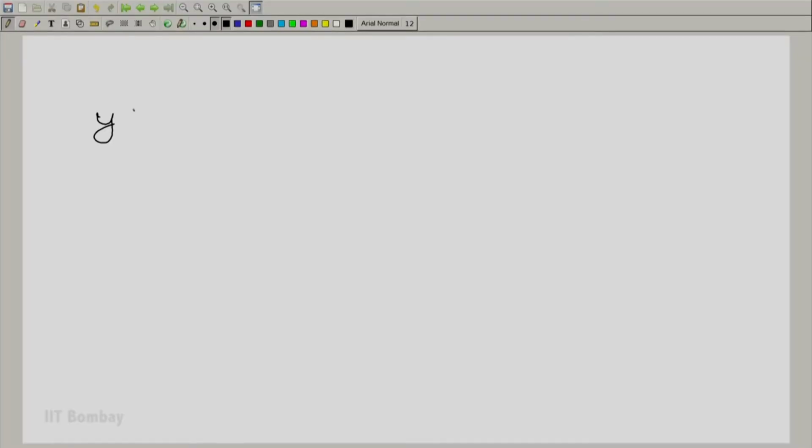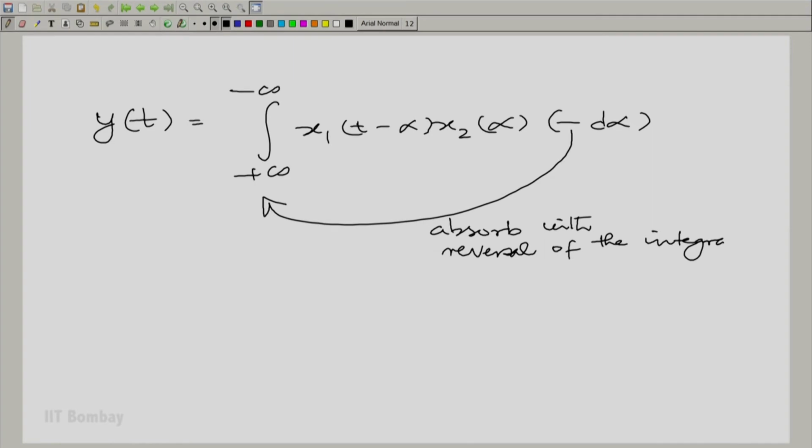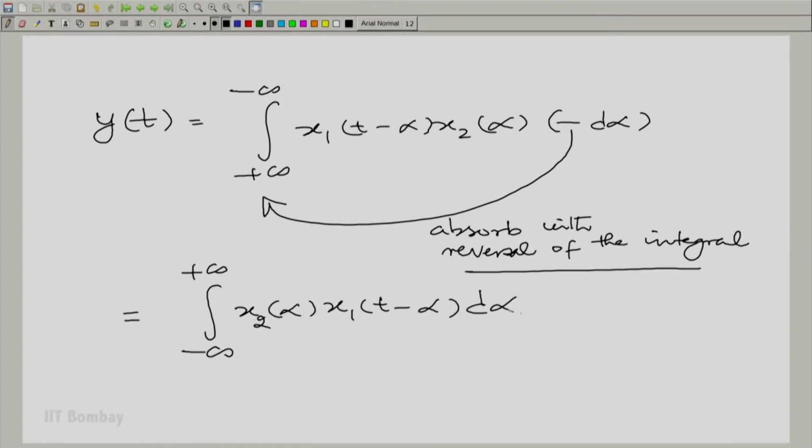So, let us write down the integral first. y of t is the integral from plus infinity to minus infinity of x1 of t minus alpha, x2 of alpha, minus d alpha, but now you can take the minus sign and absorb it with the reversal of the integral limits, which makes it minus to plus infinity of x2 of alpha x1 of t minus alpha d alpha, and that is the same as x2 convolved with x1 evaluated at that specific t.